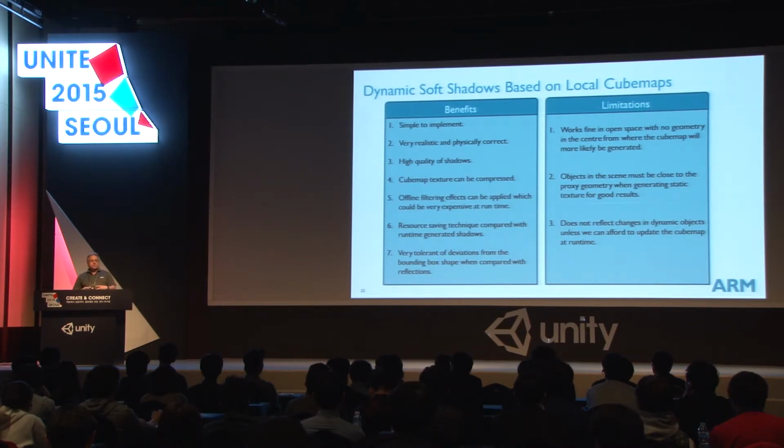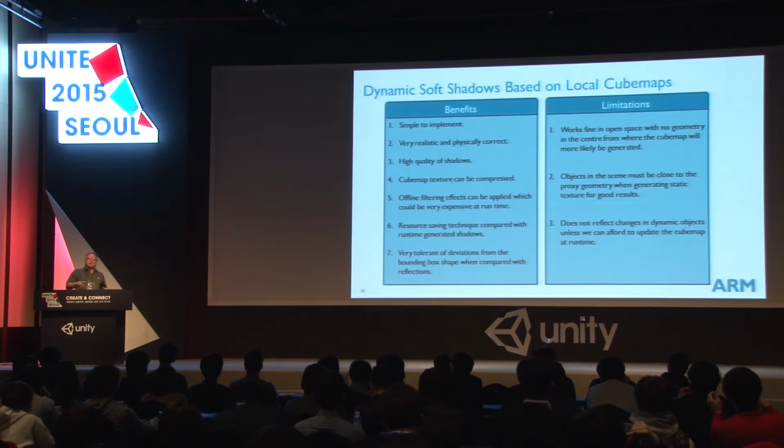Our scene can be a lot different from a bounding box, and we're still getting very nice shadows. You will be able to see if you come to our booth in the demo. And I will also show you just a few minutes after a short video of our demo.